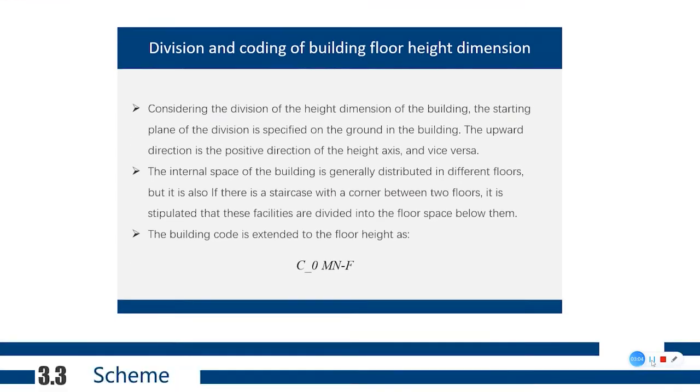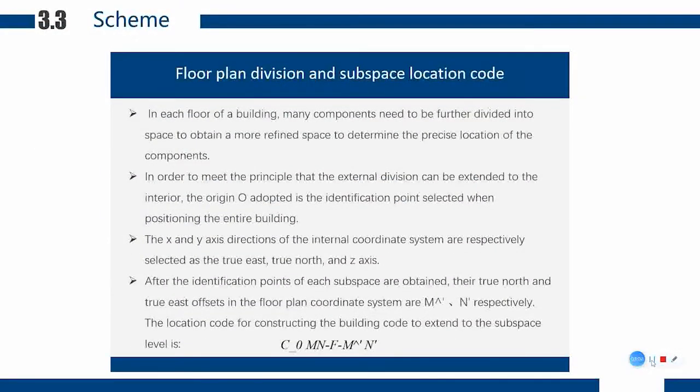subspace location code. In each floor of a building, many components need to be further divided into space to obtain a more refined space to determine the precise location of the components.